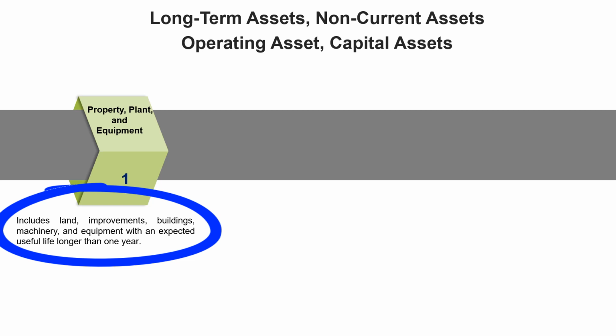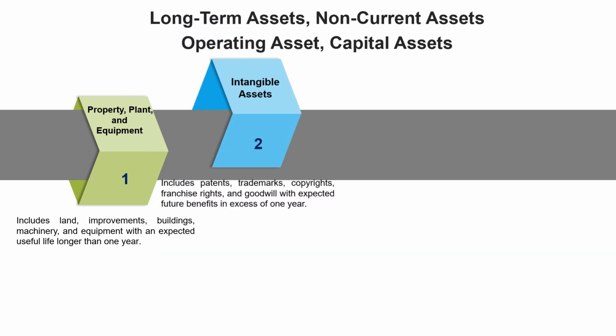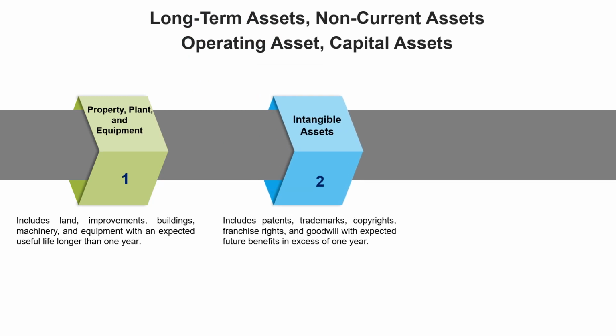Improvements to land might be creating or paving a parking lot, improving the land so that it can be used in a different way. Landscaping would be considered an improvement. Fencing around a piece of property would be an improvement. So it includes land, improvements, buildings, machinery, equipment, anything with an expected useful life longer than 1 year that is included in this particular definition.